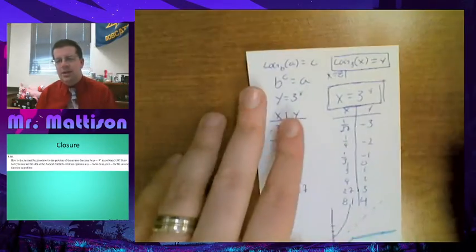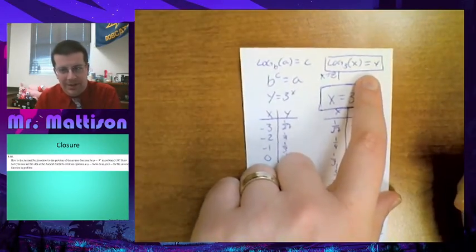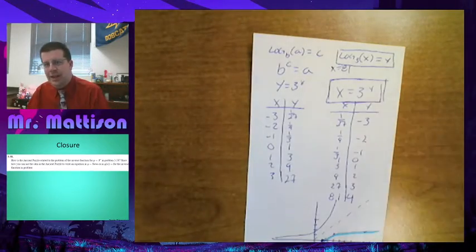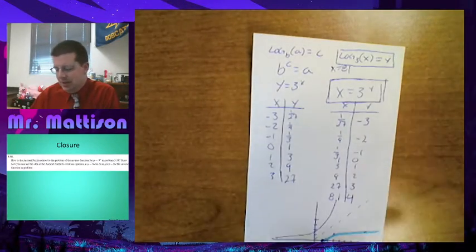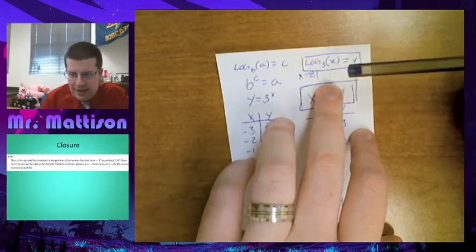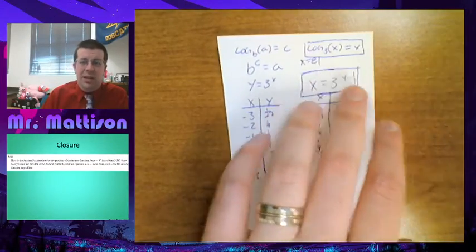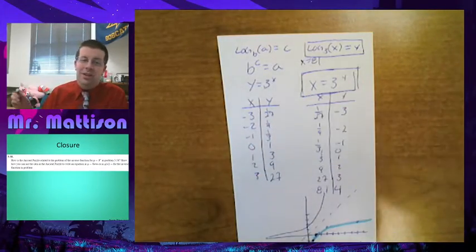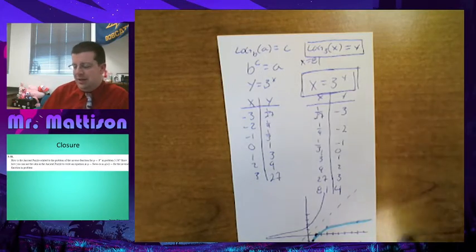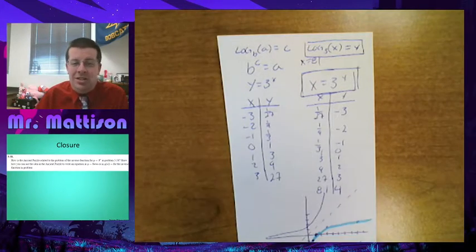And now my inverse has y by itself. So I've finally been able to do it. And that's what logarithms do, right? They give us an inverse for exponentials, which is something we haven't had in the past. Now, they are extremely useful beyond that, but that is where they initiate from.